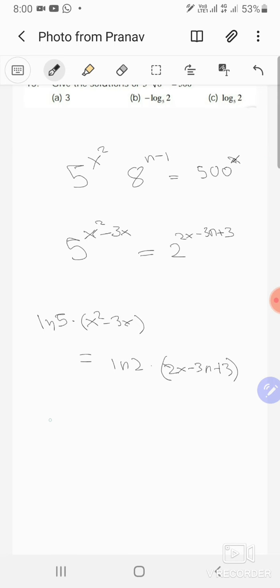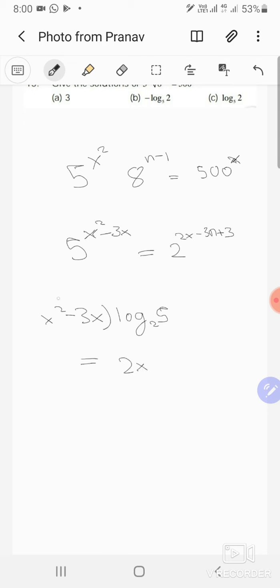Okay, so let's just solve for x. It's going to be a quadratic, and I do not like that yet. Instead of taking natural log of 5, we could take log base 2 over there, so that would be much easier. So that will give me x squared minus 3x times log base 2 of 5 equals 2x minus 3n plus 3. That's much easier.